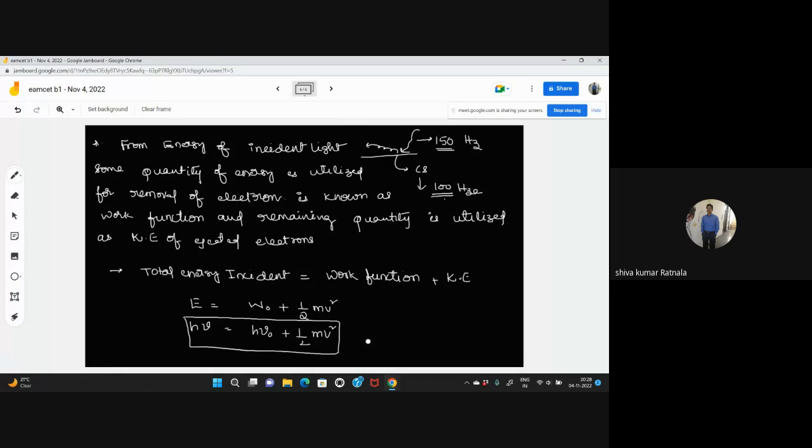From there, kinetic energy is equal to h nu minus h nu naught, where nu is the frequency of incident light and nu naught is the threshold frequency of the metal. Okay, students, these are the photoelectric effect and its phenomenon.